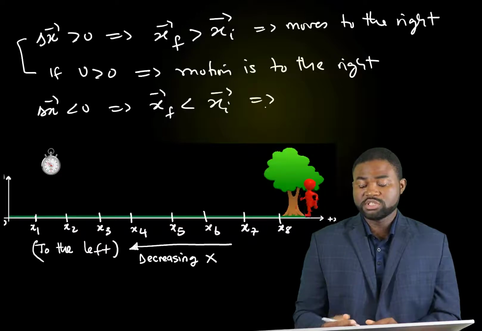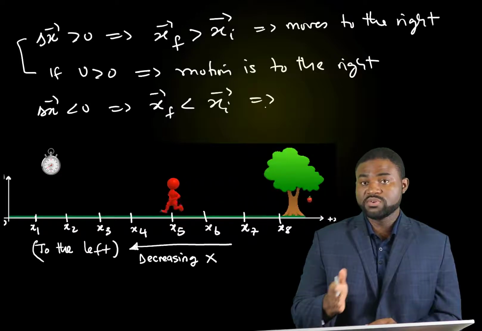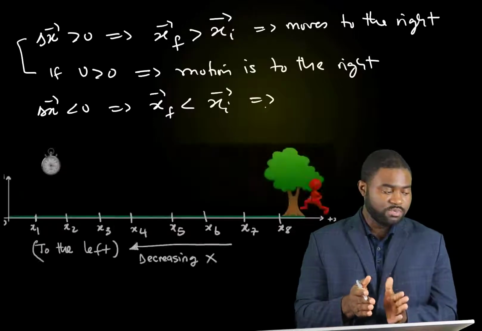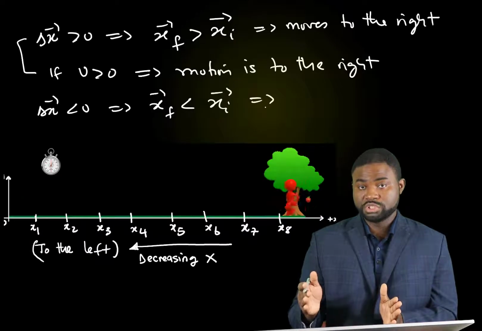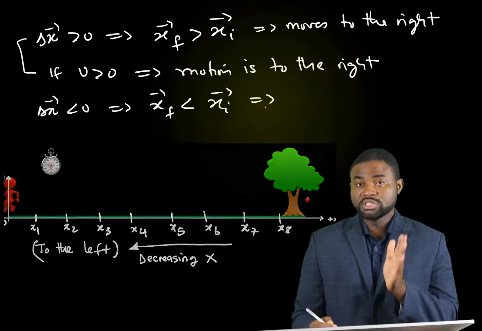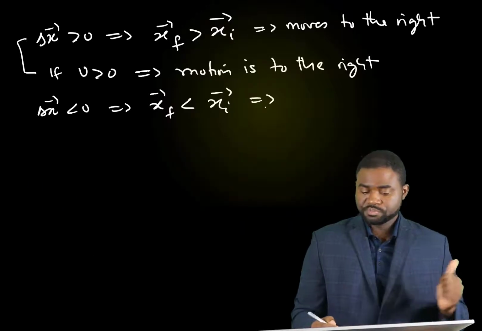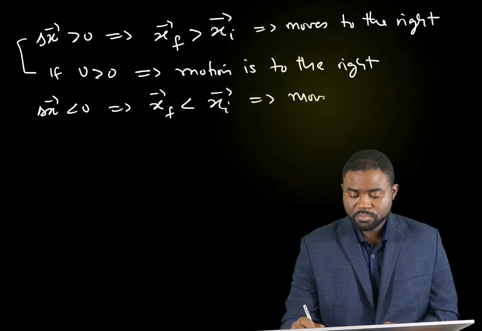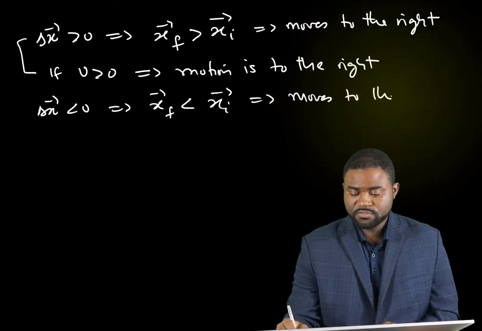If the object is moving in the direction of decreasing x, the final position will obviously be less than the initial position. When this is the case, the object is said to be moving to the left. Hence, we say that here the object moves to the left.